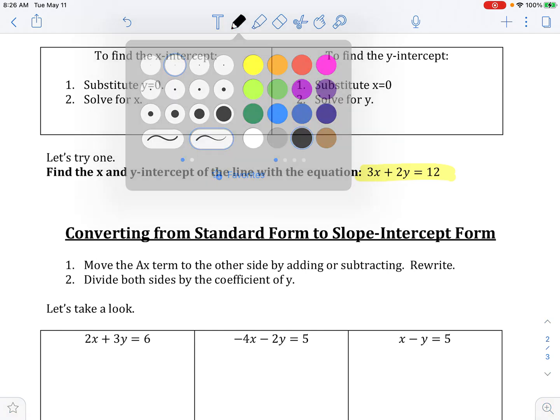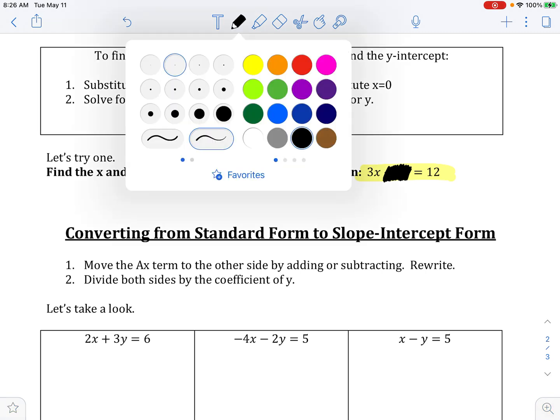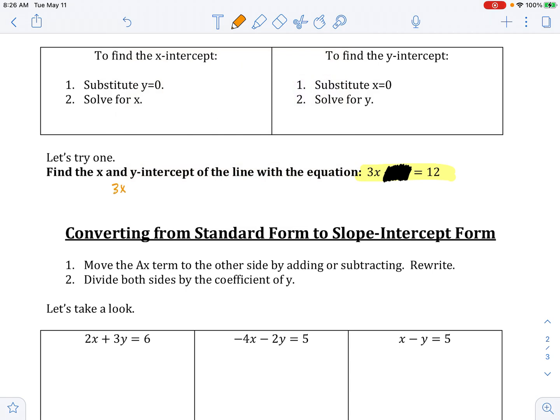And when you replace y, you get 2 times 0, which is 0. So really what ends up happening is this entire term cancels out, right? So we end up with the equation 3x equals 12, and if we solve that for x, we get x equals 4.